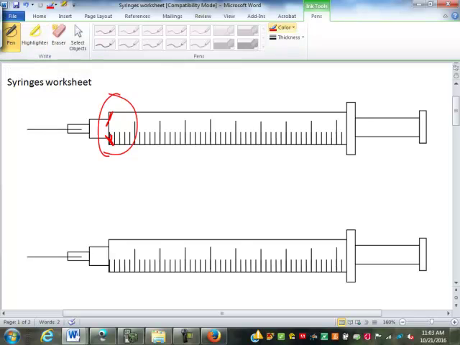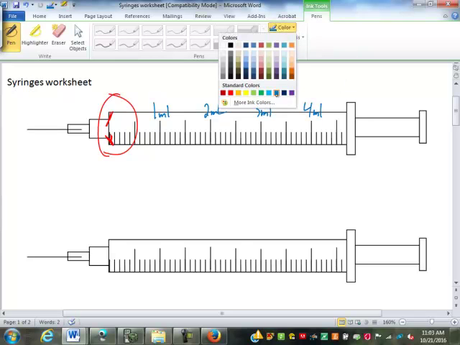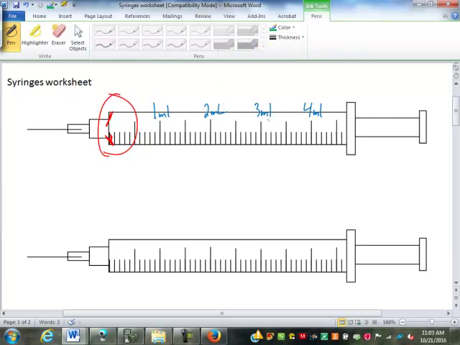The first thing we need to be able to do on any syringe is to figure out what each division stands for. Of course, that depends on how it's numbered. So let's say this is numbered like this: 1, 2, 3, and 4 milliliters.